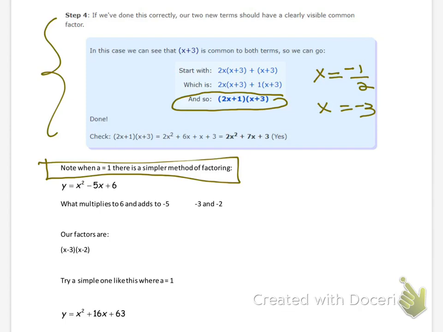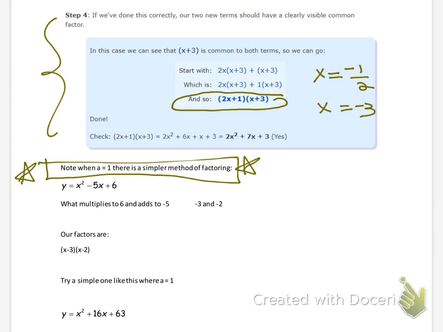Now, they have a little caveat here, and I would totally agree with this caveat. When your a is a positive 1, you do not need to do the decomposition of the middle term. However, doing it will always get you the right answer. So if you want to have one method, this is the one method that you can always use if you're able to factor.